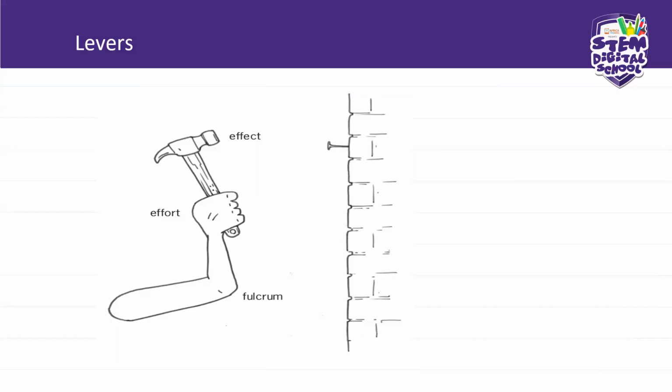Now, then the hand is handling a hammer. Now he's hammering in that nail. So that will be the load. The effort is on the hand. Then the fulcrum is the elbow.